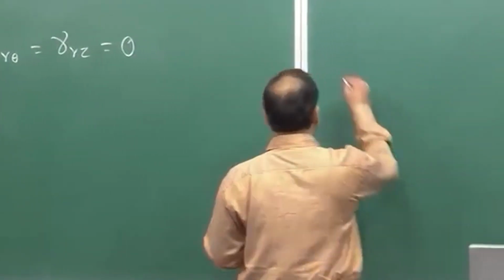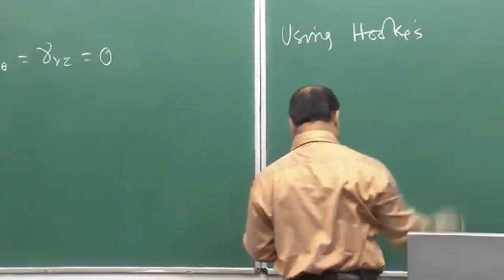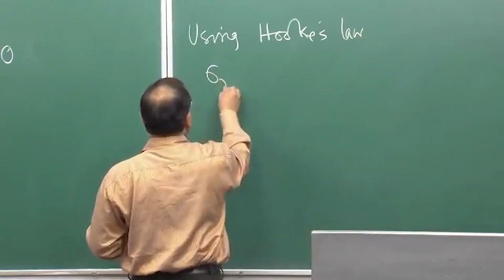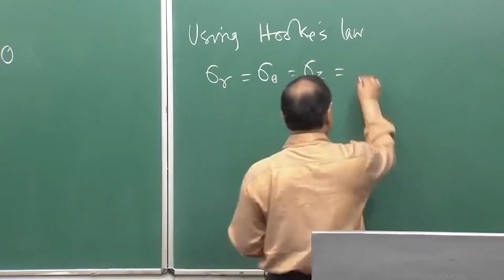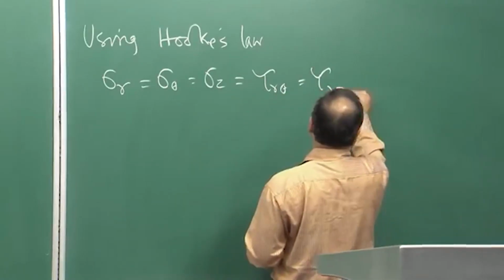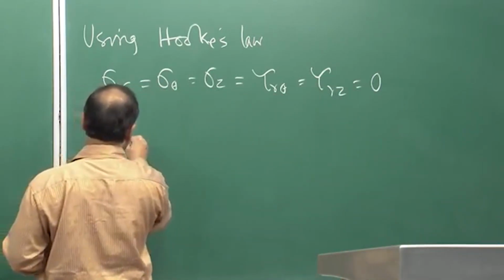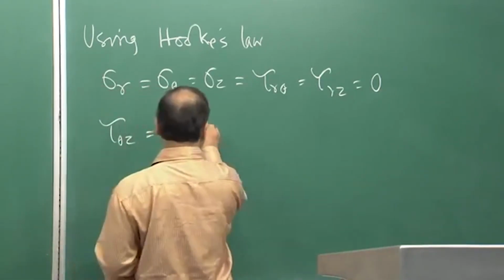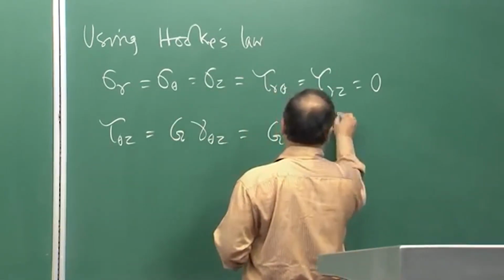So, using Hooke's law, we can simply write sigma r, sigma theta, sigma z equal to tau r theta equal to tau r z, all are 0, and the only remaining stress is tau theta z, which is equal to G, the shear modulus, multiplied by gamma theta z, which is nothing but G r d phi dz.